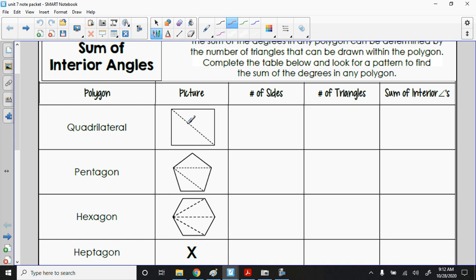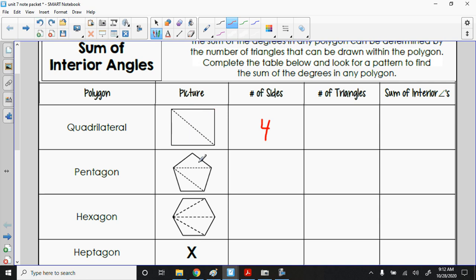So our quadrilateral, or four-sided shape, we'll start with the most basic, our square. I have number of sides, 4, number of triangles. I'm only going to be able to draw one diagonal, and you can't draw any diagonals that cross. So this doesn't work. The diagonals can't intersect.